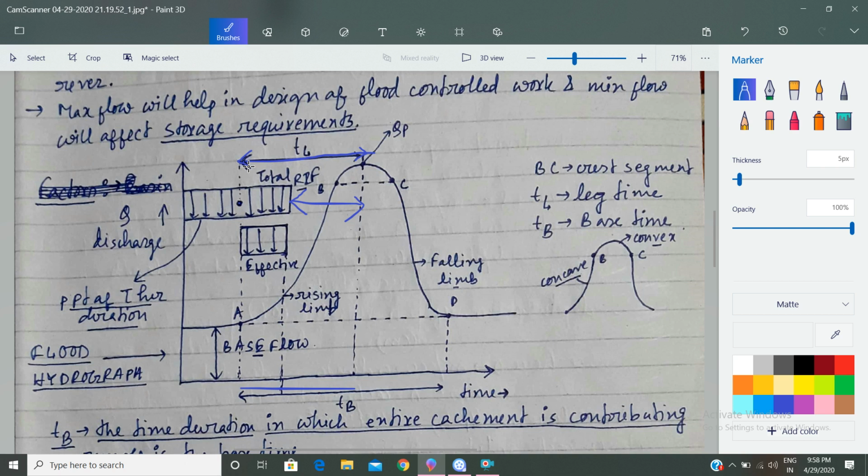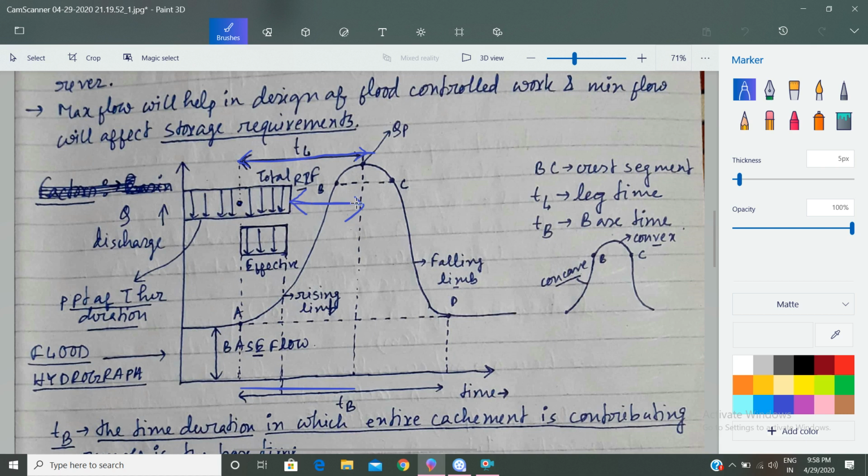The precipitation is from 11 am to 2 pm, so the center of gravity will be at about 1.5, it will be up to 1.5, isn't it? So from 1.5 to 6 pm, it is near about 4.5 hours. So 4.5 hours will be the time of concentration.